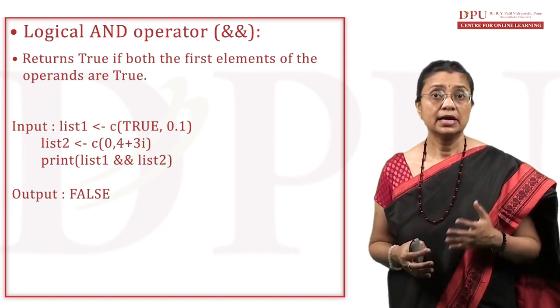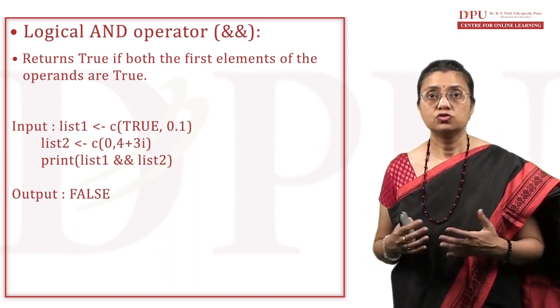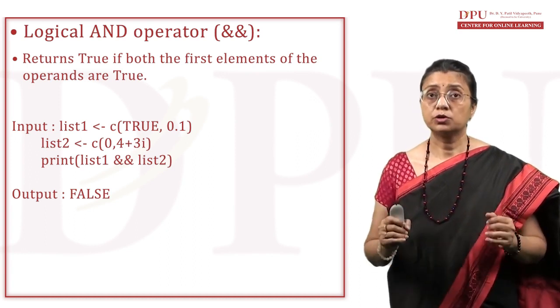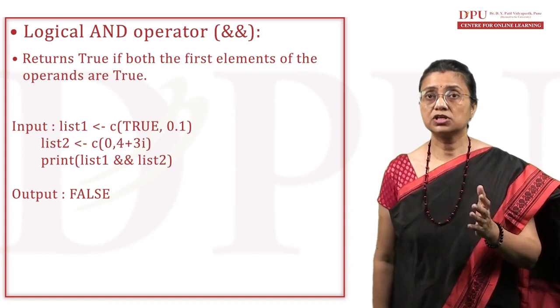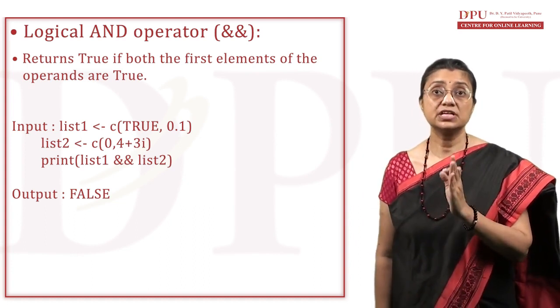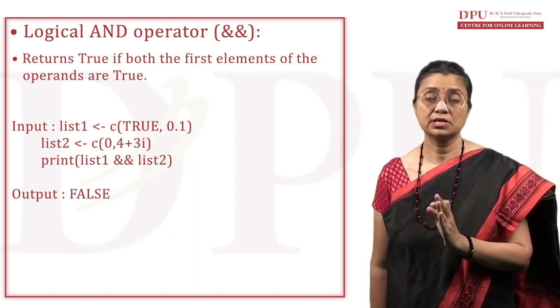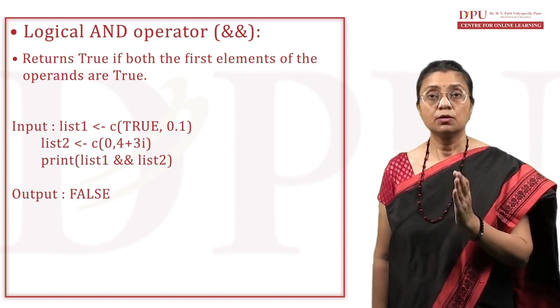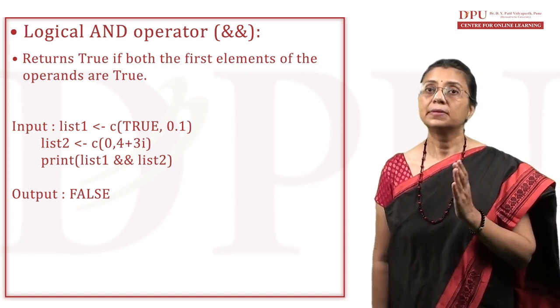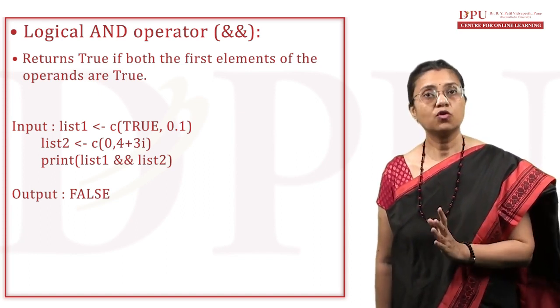Now I print list 1 and list 2. So you can see the output false. Why is the output false? The output is false because the logical AND operator will return true only if both the first elements of the operands are true. But in this case, both the first elements are not true, because the first element of list 1 is true, but the first element of list 2 is false.